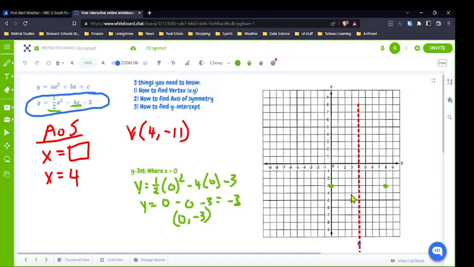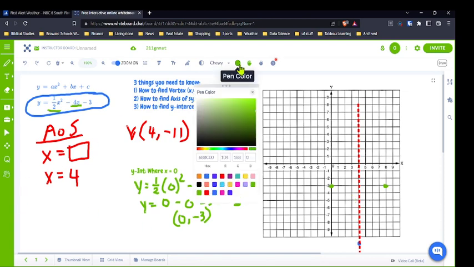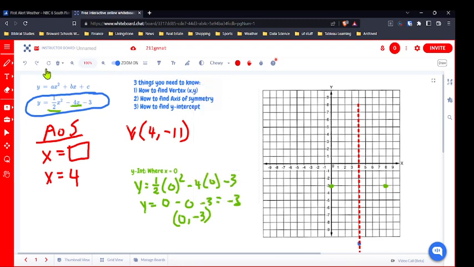All right. Now, finally, and I'm not going to ask you to do this, but you should be able to see it and know how this all works, okay? I'm going to use the red pen, and I'm going to come over here and just select the pen again. Right down here where my vertex is, I'm going to approximate a turning of a curve, okay?